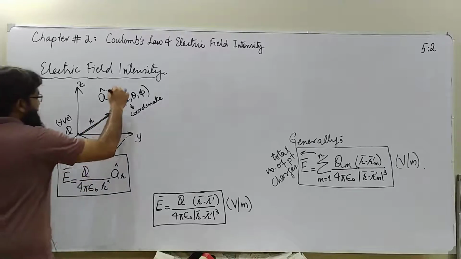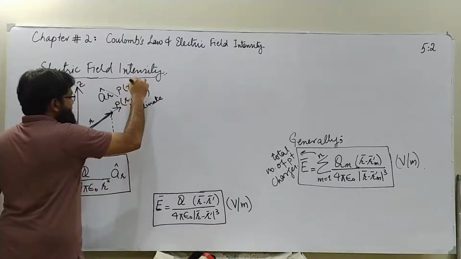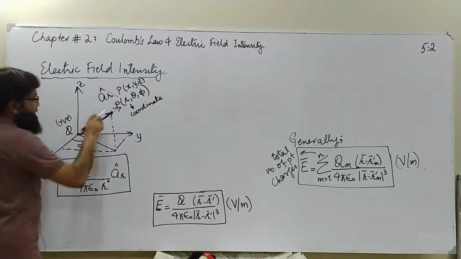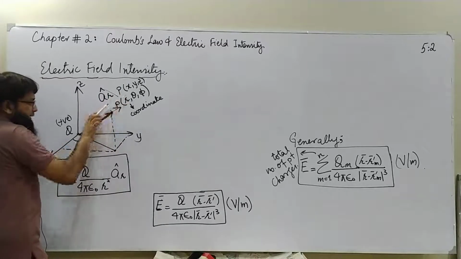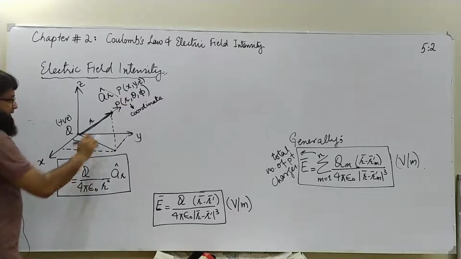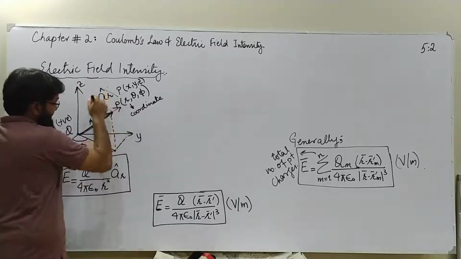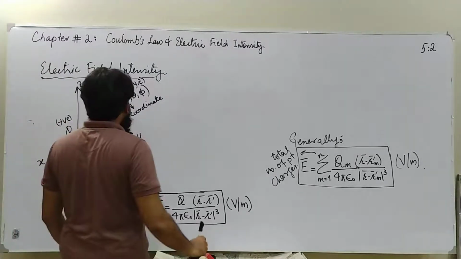In that case, point P would be represented by x, y, and z, and we would not have any primitive unit vector to point in this direction. In the spherical coordinate system, we had the primitive unit vector a r to point in the direction in which the force lies.